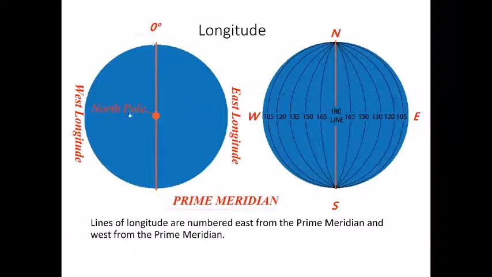Those are represented in terms of how far the lines of longitude are, or where that region lies. Similar to northern and southern hemispheres in the case of latitude, now we have the eastern side of the prime meridian and the western side of the prime meridian.